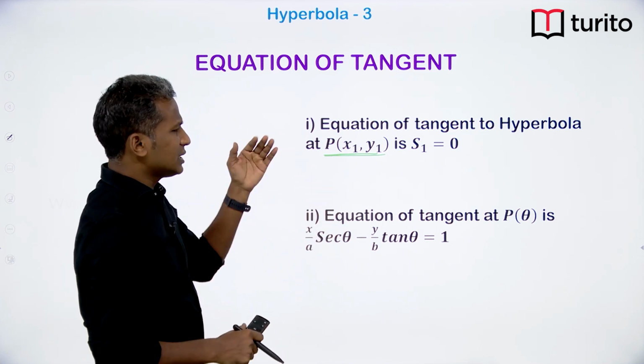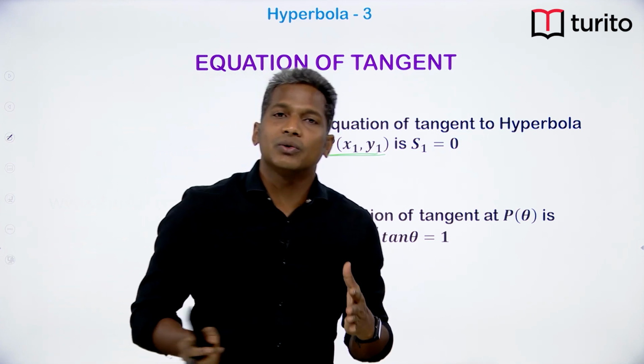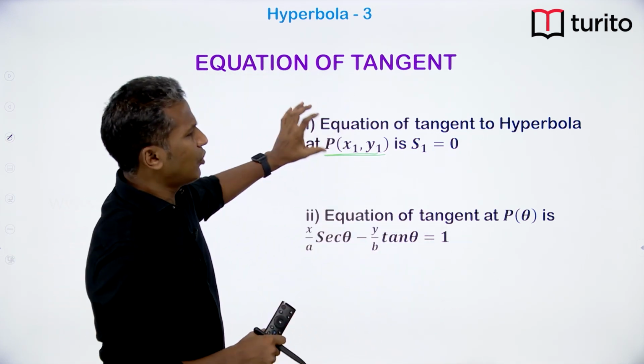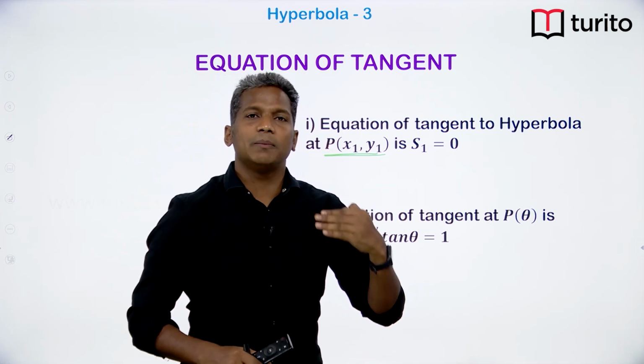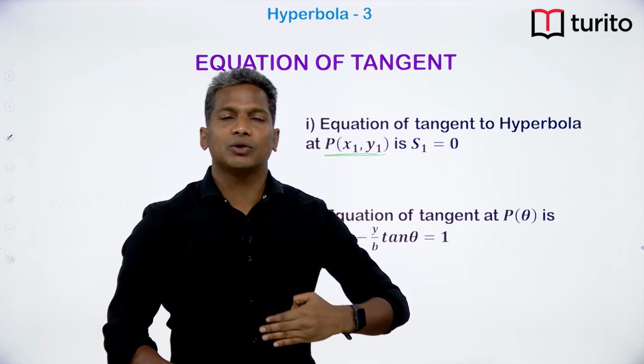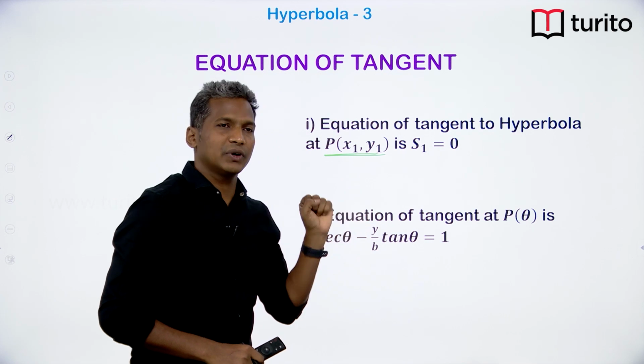Also, you can understand that because this is the last curve of all conics, this point is the same starting from circle, parabola, ellipse, hyperbola: for all of them the equation of tangent is always the same. Okay.